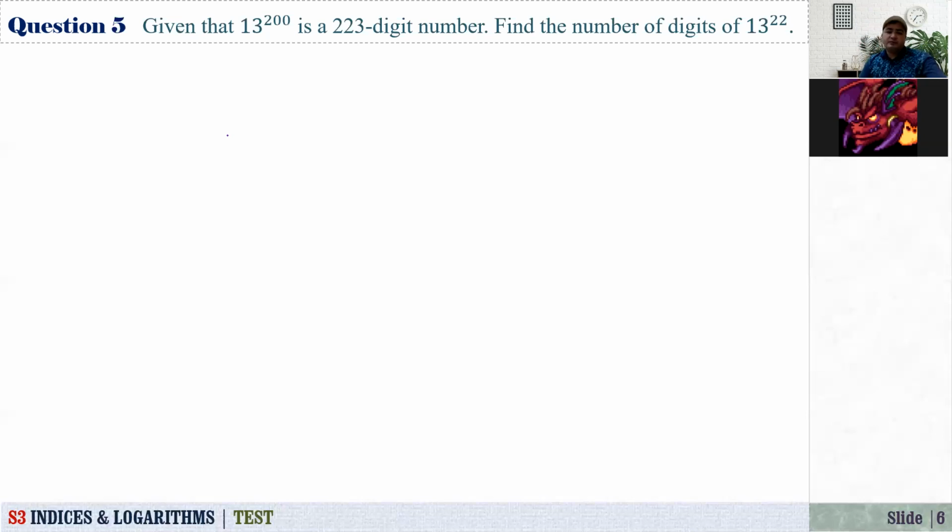Given that 13 to the power of 200 is a 223 digit number, find the number of digits of 13 to the power of 22. So if you remember, we know that if you write 10 to the power of n, this is an n plus 1 digit number.